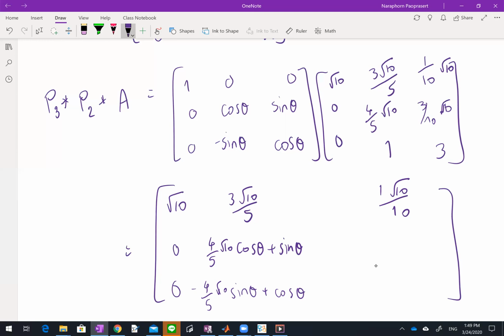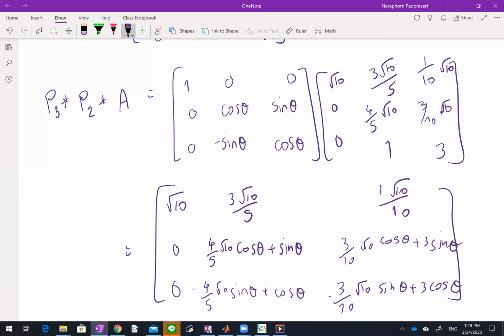So in here, you get 3/10 root 10 cosine theta plus 3 sine theta, and then 3/10 root 10 minus sine theta plus 3 cosine theta.